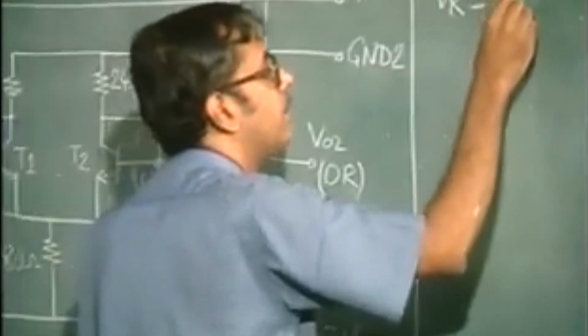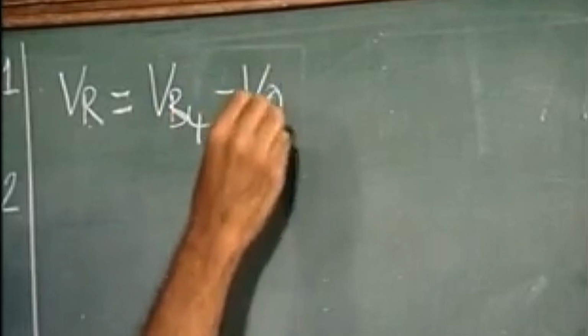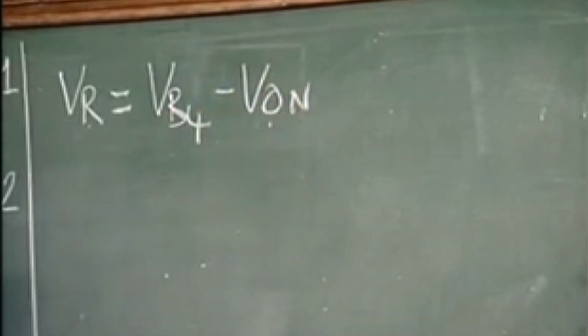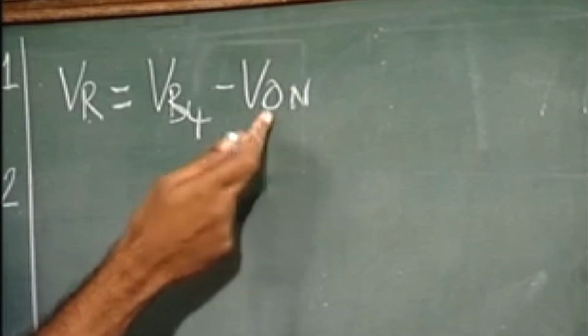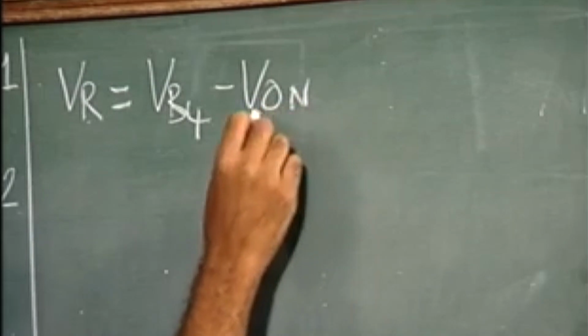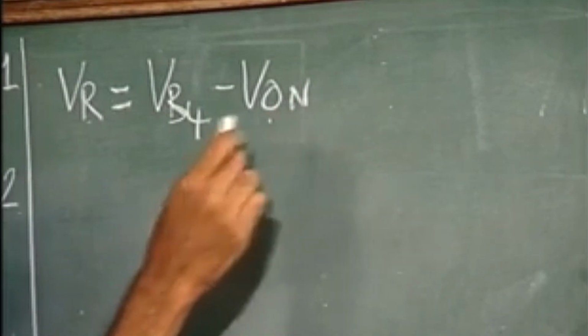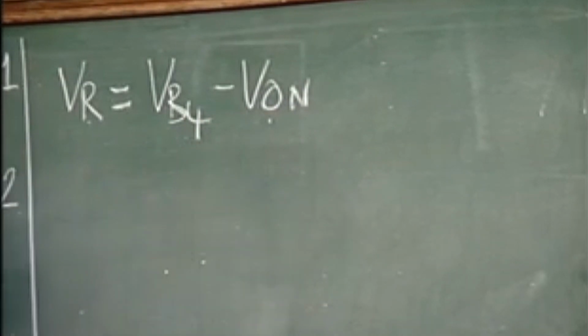So VR is VB4 minus V on. V on is the base emitter drop of a transistor when it is in the on state, and let us say V on is around 0.75 volts in this case. So we have to find out VB4.